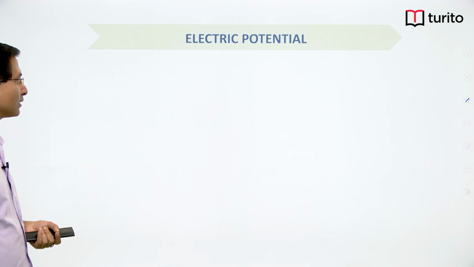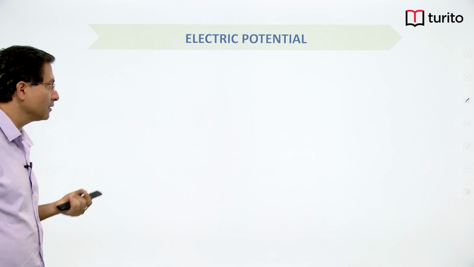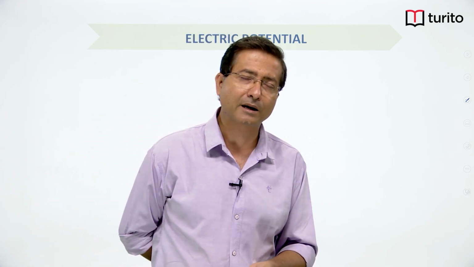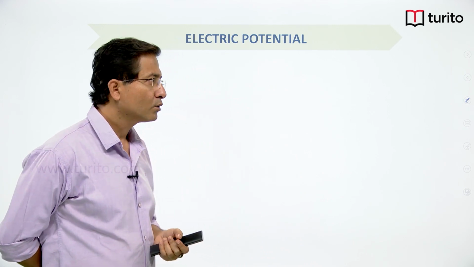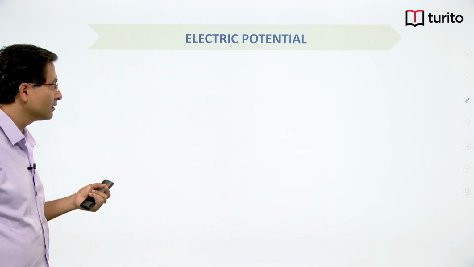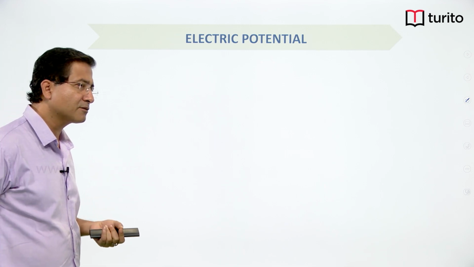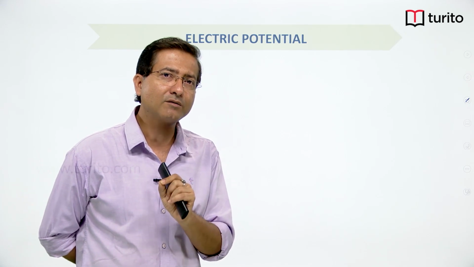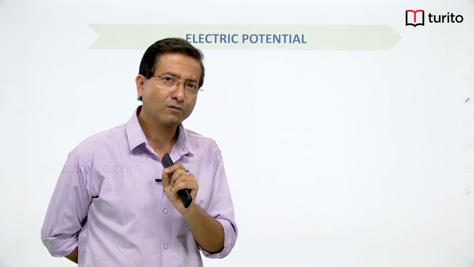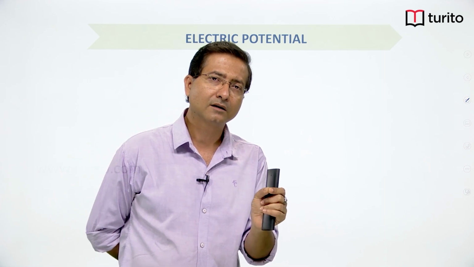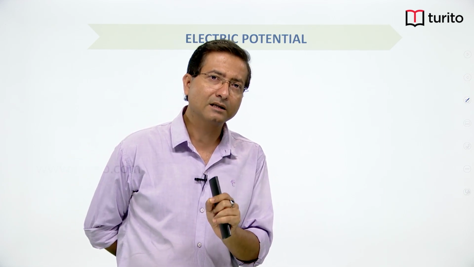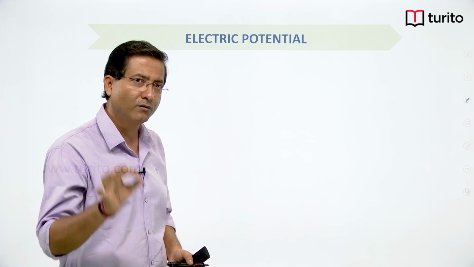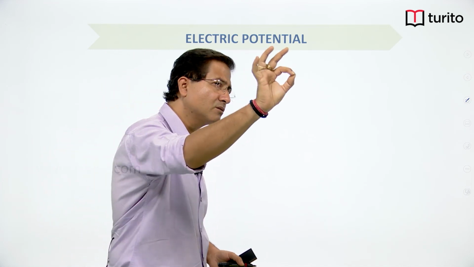So let us first define how the potential will be there in space and how to calculate the value of this particular parameter. The basic definition of electric potential difference in space is, whatever be the change in potential energy when we move a particle or test charge from one point to another point, per unit test charge, is defined as the potential difference. So for example, you are in the field and you are moving a test charge from this particular point to this particular point.